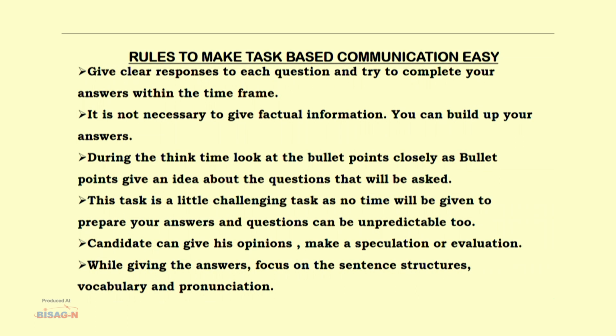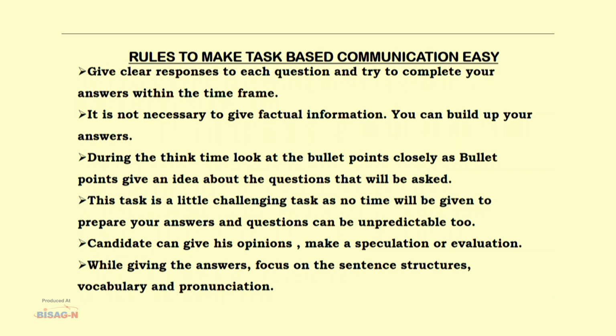Now let's move ahead and see what are some of the rules to make the task-based communication easy. ऐसे कौन से rules हैं जो task-based communication को आसान बनाते हैं? Now, as I said earlier, this particular task is the most complex task of the entire speaking module, or the most difficult of all the tasks in the module, because the candidate is not aware of the questions that he or she will be asked.